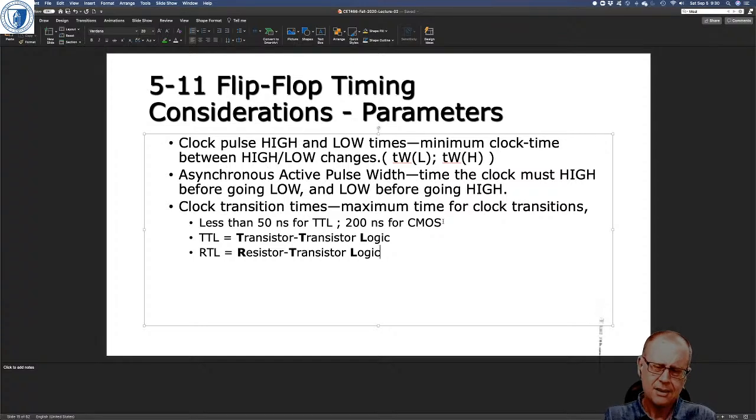I think the 54 series of devices were RTL devices. They were actually a little bit before my time. Even when I was an undergraduate, we were using TTL. Because TTL devices don't use resistors as part of the logic circuit, they don't dissipate as much power. Okay.